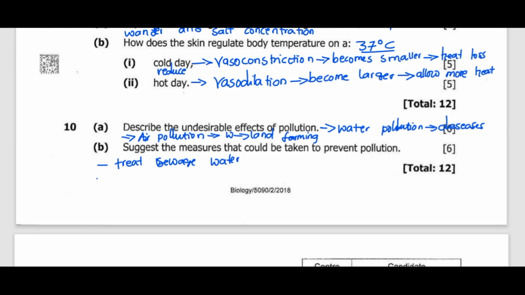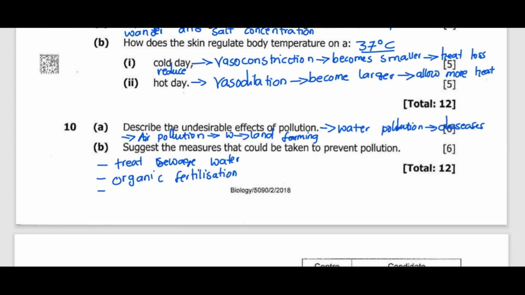Then the other one, for farmers, as you apply fertilizers or chemicals, they are encouraged to use organic fertilizers, because we know that artificial ones may cause what we call eutrophication. Then for garbage and waste products, especially those from our homes, garbage can also be used to make compost manure.